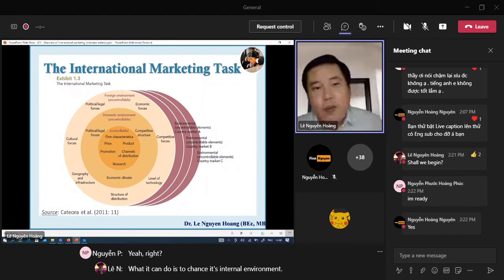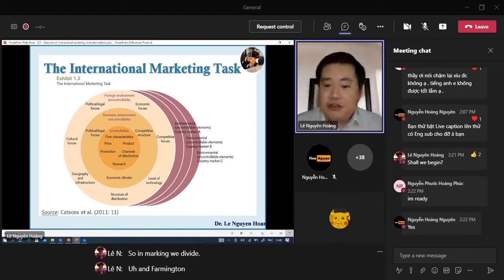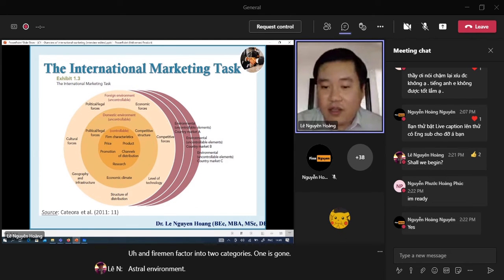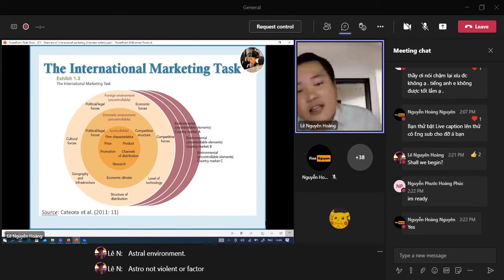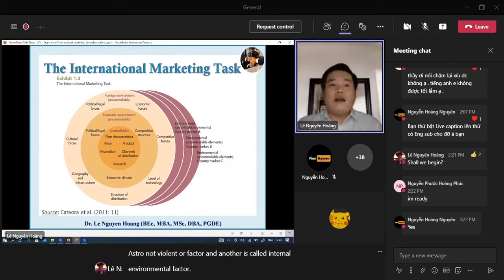So in marketing, we divide environmental factors into two categories. One is called external environmental factors, and another is called internal environmental factors.